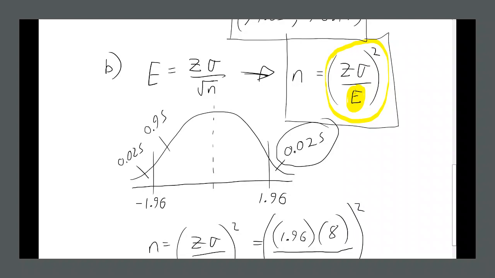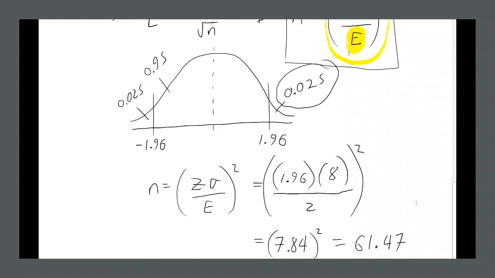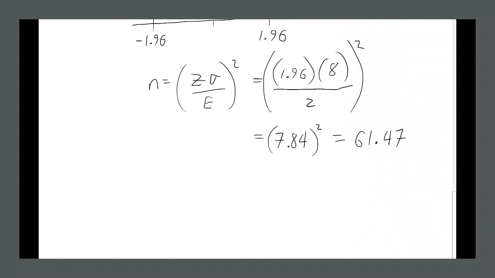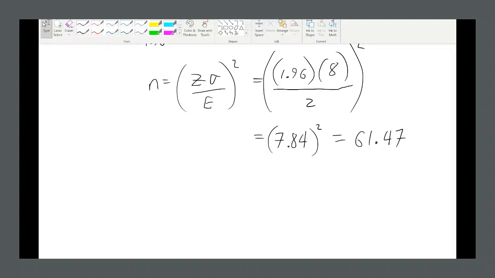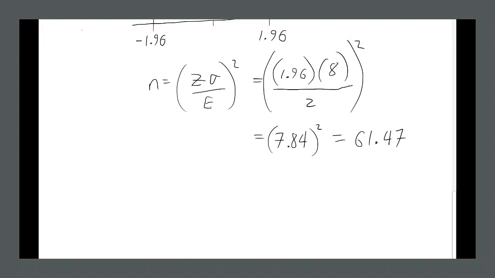Okay? So if 2 is the maximum value for your margin of error, well then what we get for n is the minimum value. Our sample size has to be at least 61.47. So if we're going to turn that into a whole number, we have to round it up to 62.